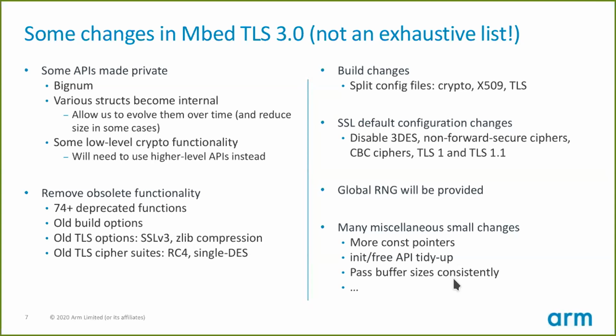For example, the bignum module is going to become an internal module, which will allow us to change the way it works, and hopefully one day we can migrate to a bignum module which doesn't rely extensively on malloc. That's something we can't change without changing the API of the bignum module. We can also hopefully make the bignum module more constant time.